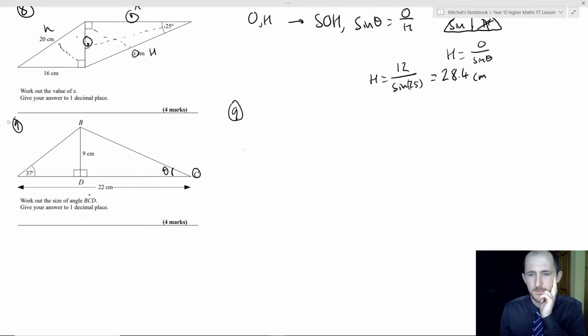Okay. So once again, to find this angle, I need two sides. If I label the sides I've got so far, that's the opposite, that's the hypotenuse, this is the adjacent. How many sides do I know? One. I need two. Which one can I work out?